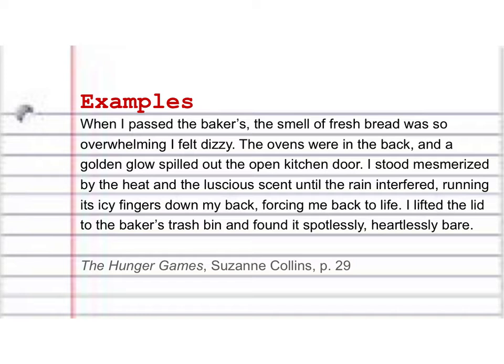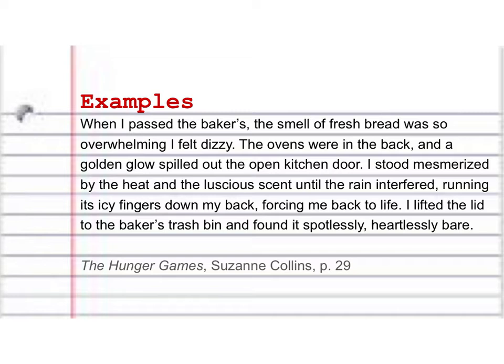We're going to look at two different examples. The first one we'll do together, and the second one I want you to do on your own or with a partner. I'm going to read the example and, as I go, underline or indicate various figurative language that I come across.